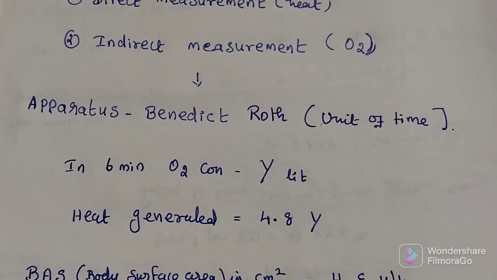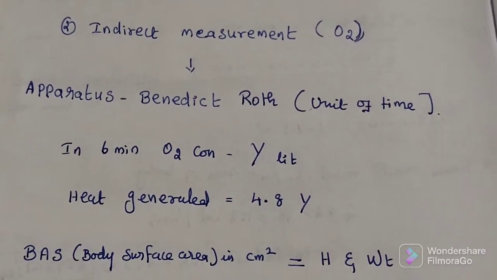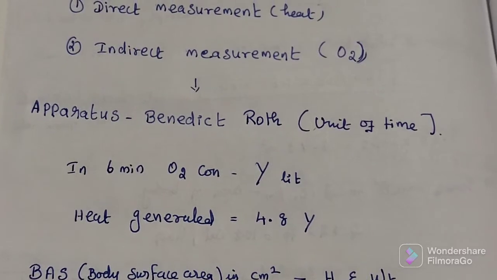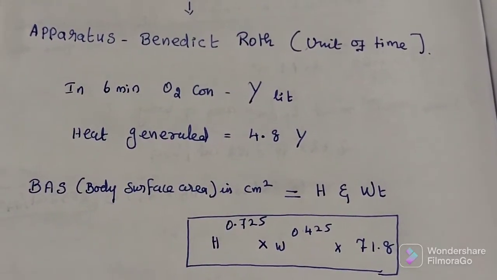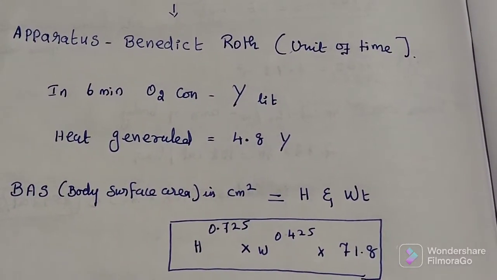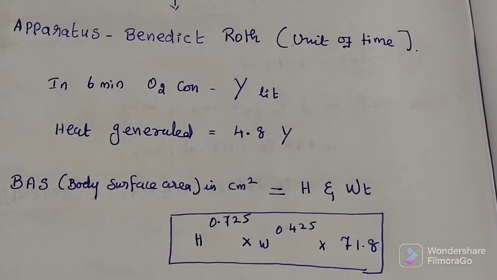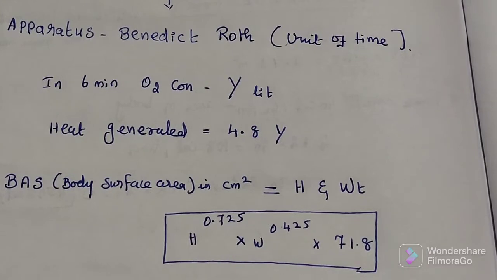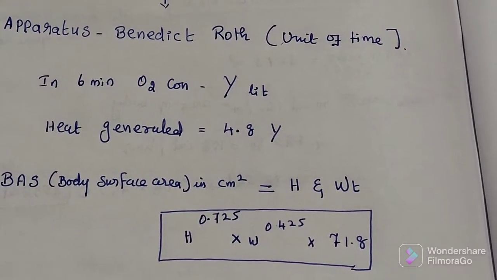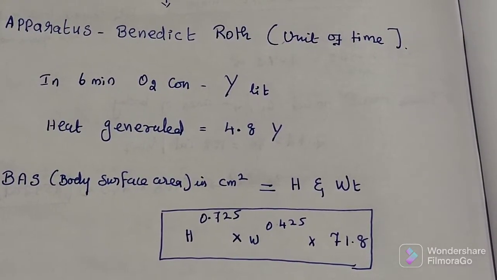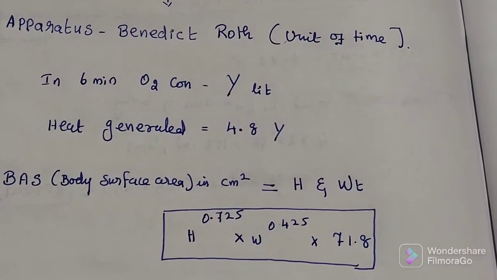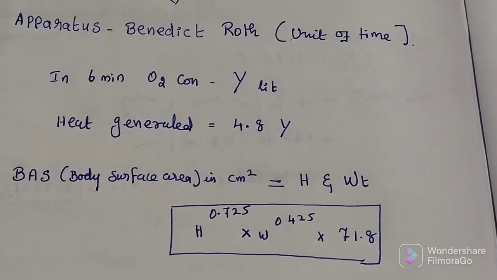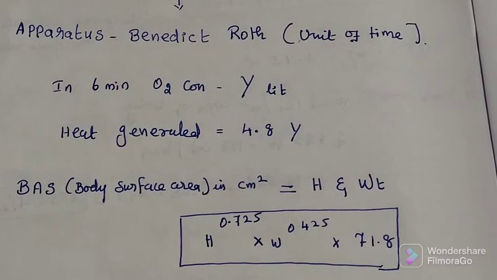It is calculated by body surface area, which is given by a formula. Body surface area is calculated from height and weight: height to the power 0.725, weight to the power 0.425, into 71.84. This is the formula to calculate body surface area.